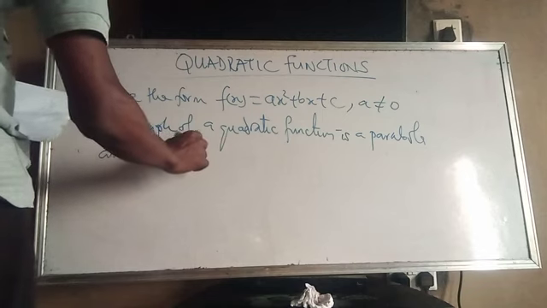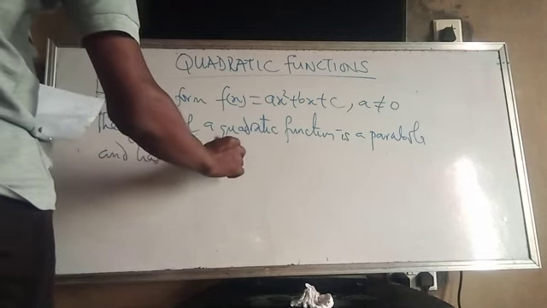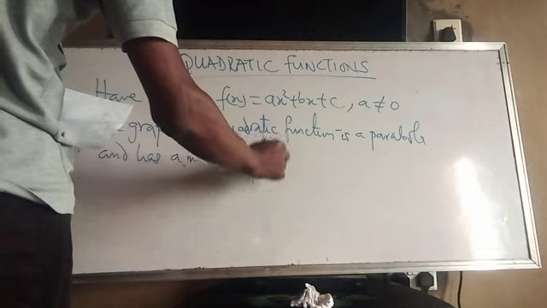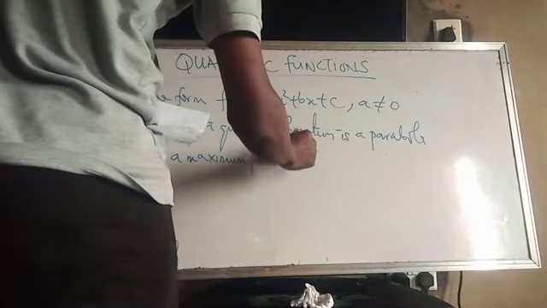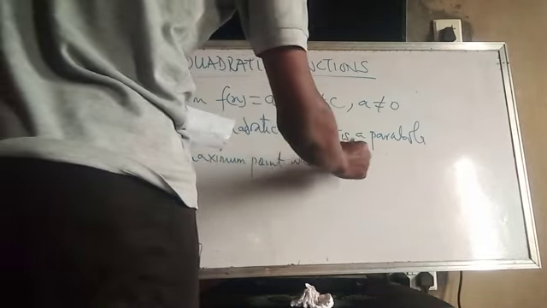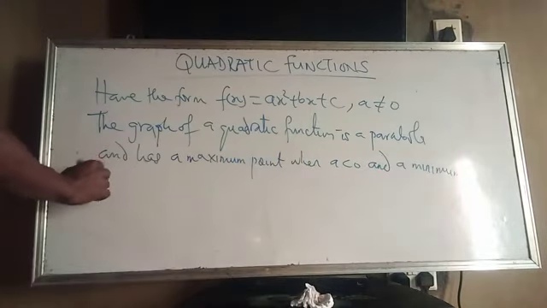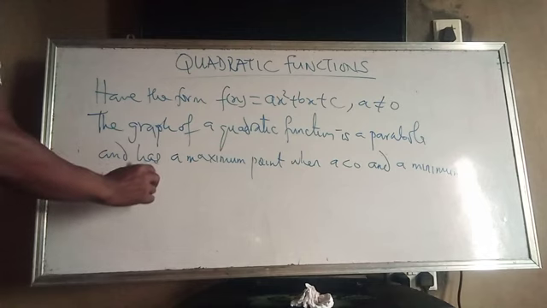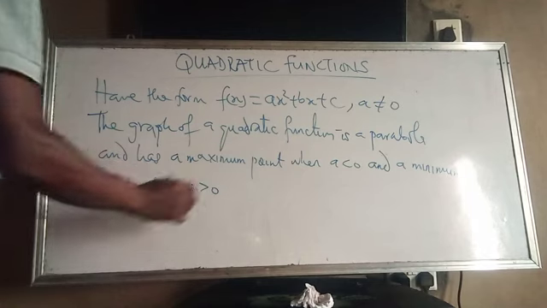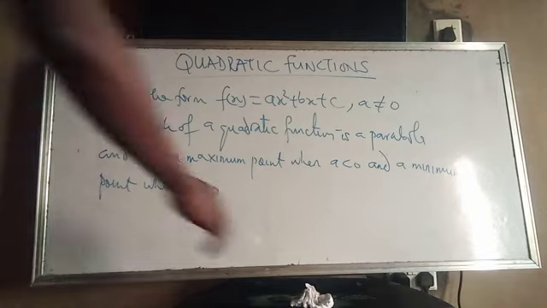A parabola has a maximum point when your a is less than 0, and a minimum point, please take note of that, when your a is greater than 0. We will see this in our graph now.